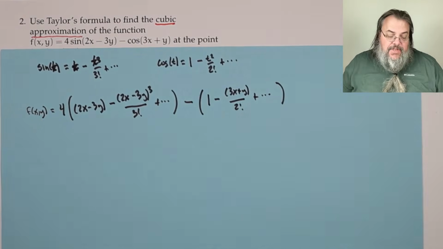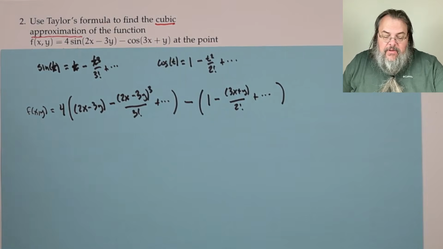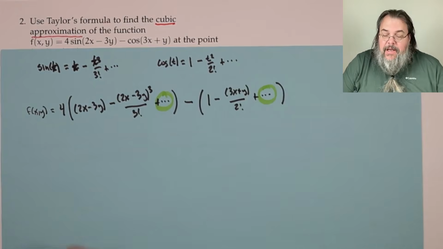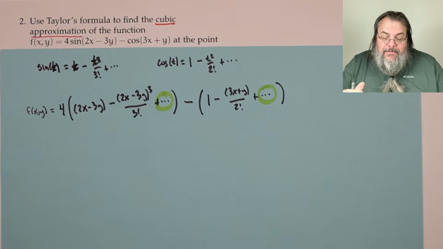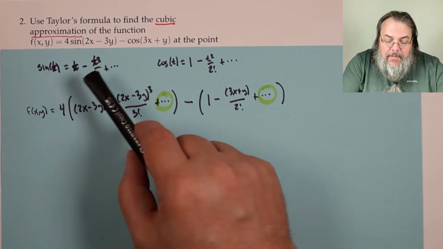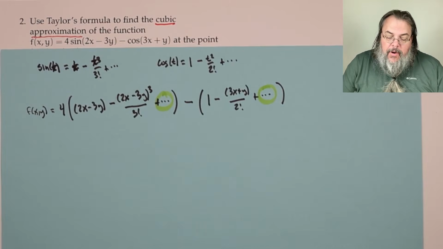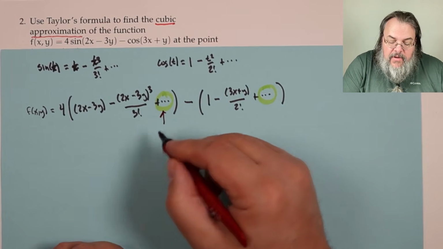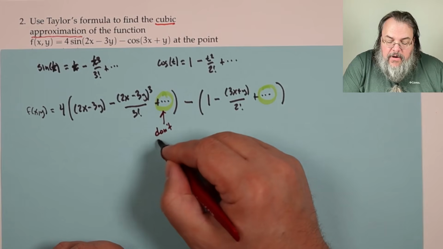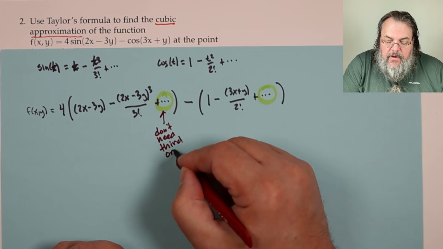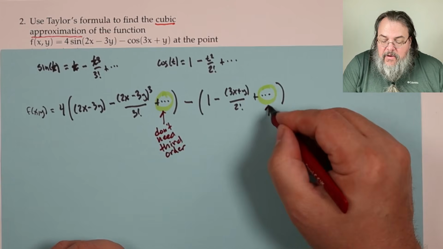Now, here's the punchline. These ... terms are going to be higher order coefficients. Because we want a polynomial, but we only want it up to cubic, these are parts that we don't need for our degree 3, so third order.